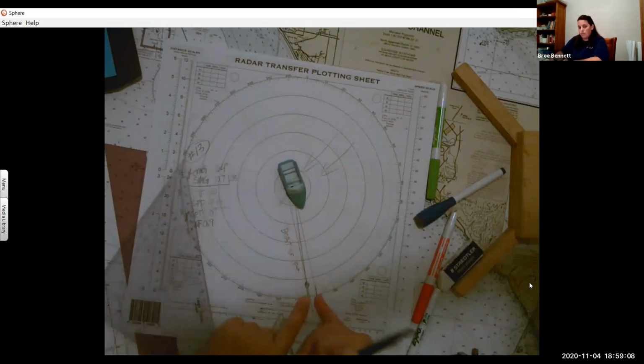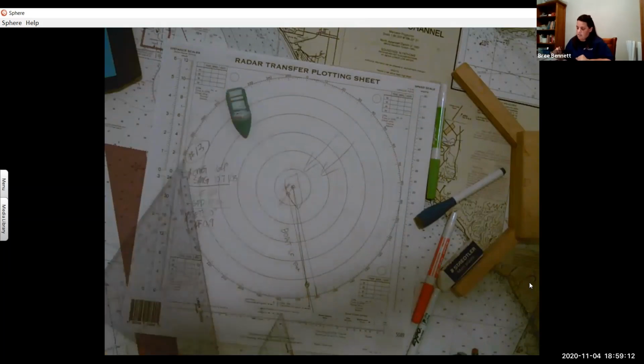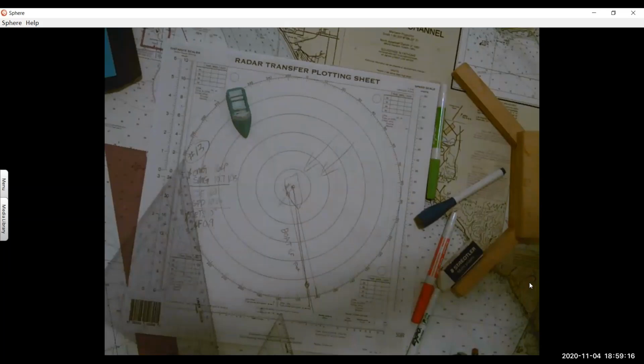It's a very small margin, so I feel like it's a little bit harder to see. What I did for all these problems, I made a parallel line of that drift of the current, and moved to the end of the journey.